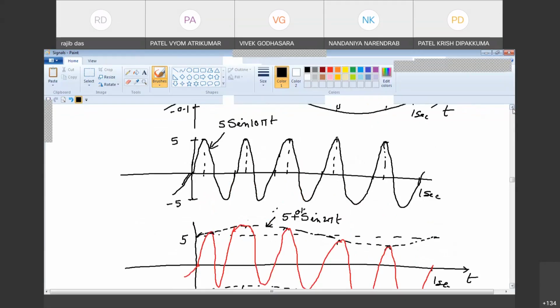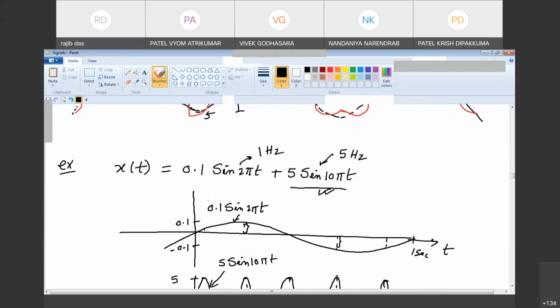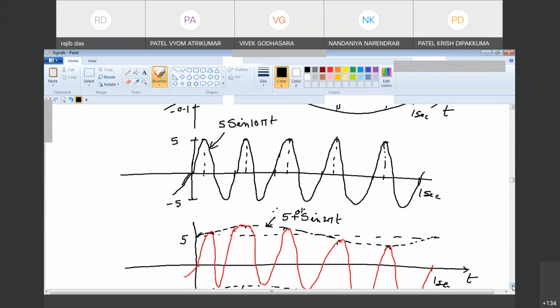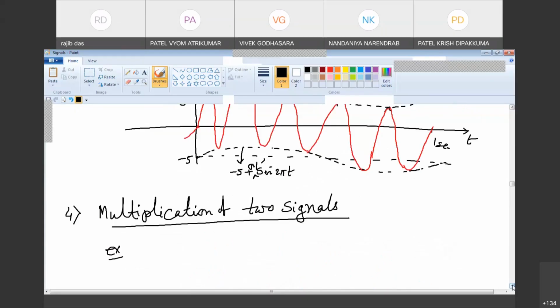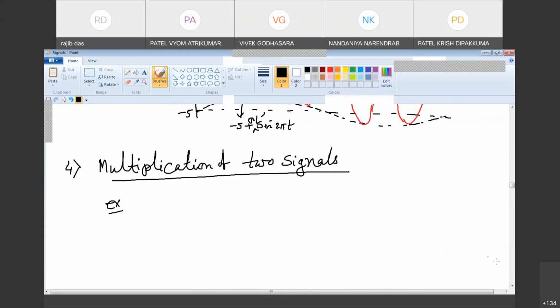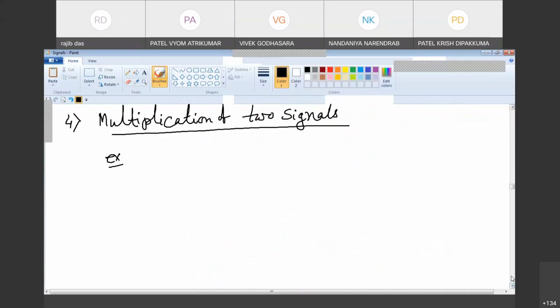We'll be discussing that later, how to remove this component from the resulting signal so that we get one desired signal. Using some filters, we can remove it. Those will be discussed in detail later. So that is the signal processing concept.